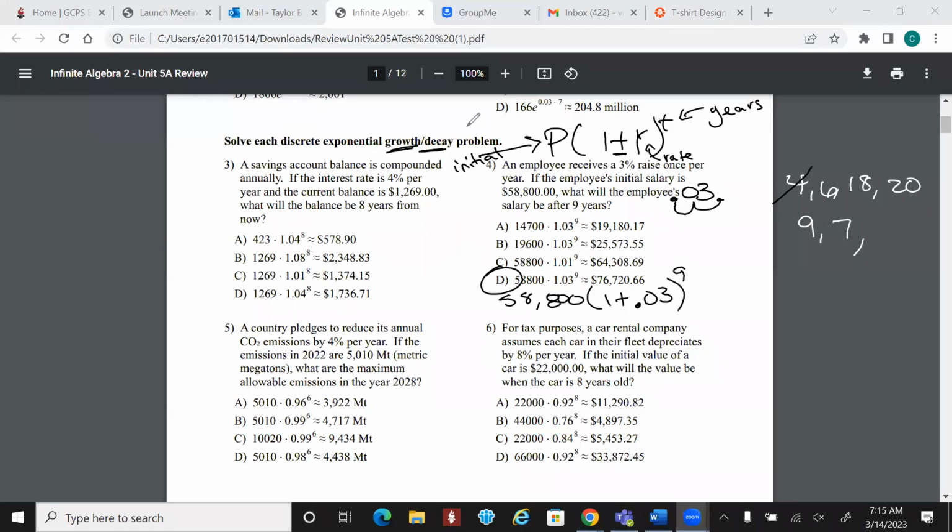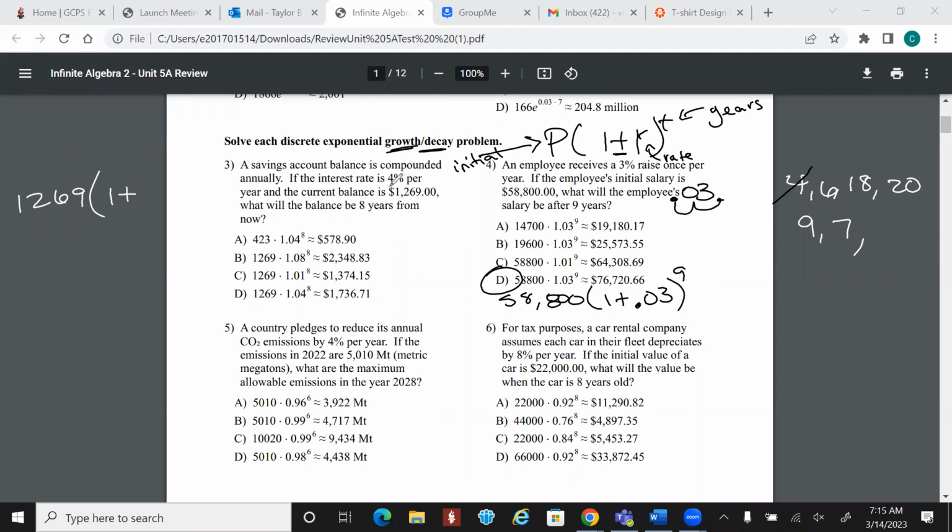All right, so on number 3, what would we start with? What's our initial amount? Okay. And then we have 1 plus because the balance is growing, right? And what's our rate changed to a percent?